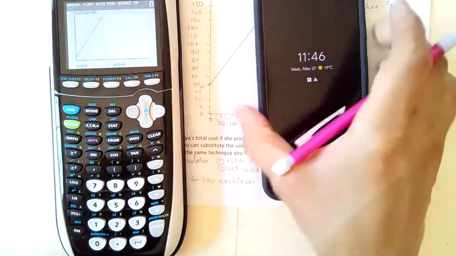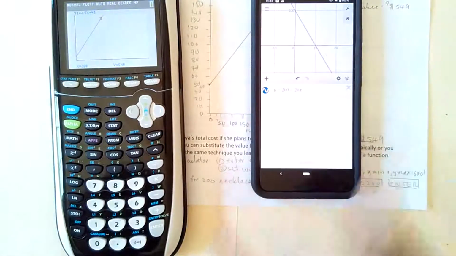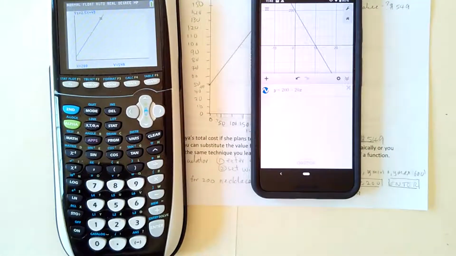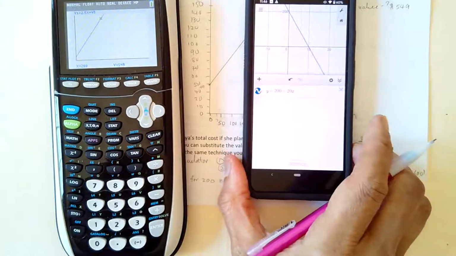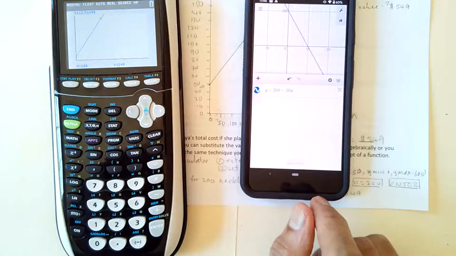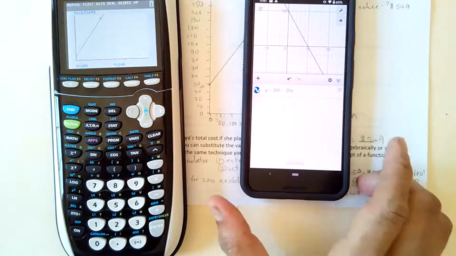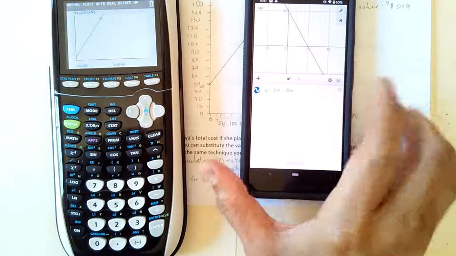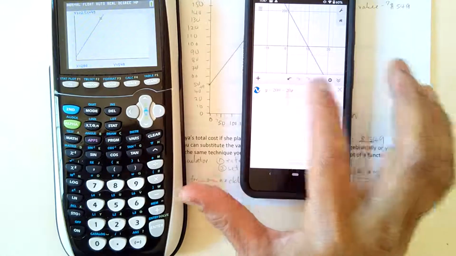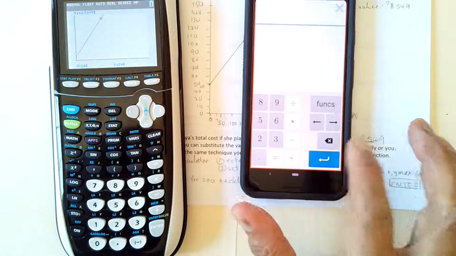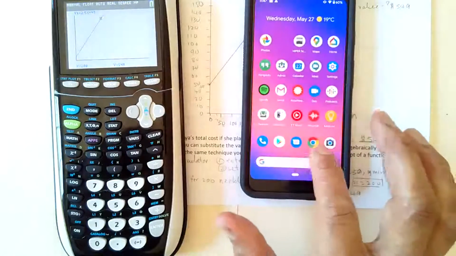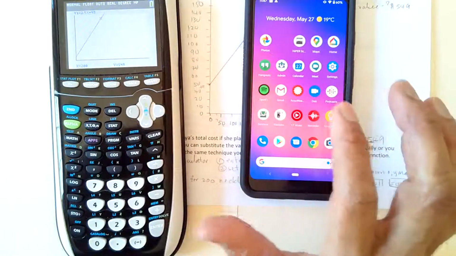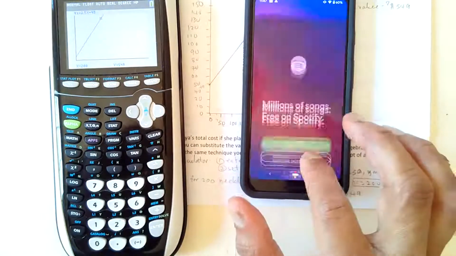Let's go to Desmos. With Desmos, we are going to enter our equation.